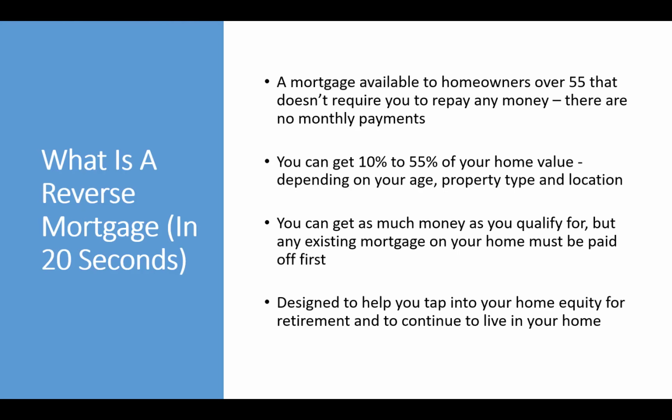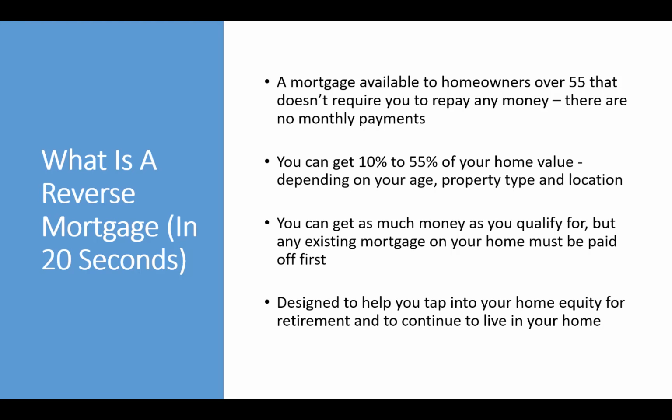So a very brief overview of what a reverse mortgage is, and then I'll give you a bit more background. A reverse mortgage is a mortgage available to homeowners over 55 in Canada that doesn't require you to repay any money. There are no monthly payments. You can get about 10 to 55% of your home's value depending on your age, property type, and location, and I'll walk you through a bit more on that in this example.